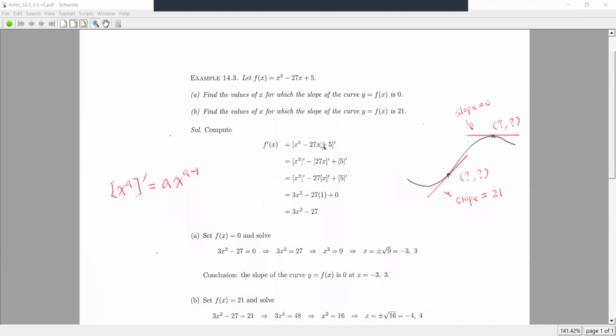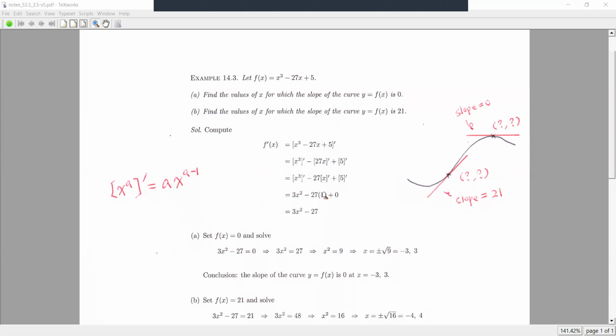Now take the derivative of the function. By the summation and subtraction formula, we have this equation. Move 27 outside this derivative, then we have this equation. Now, derivative of the power function x to the third is 3 times x squared by this formula.